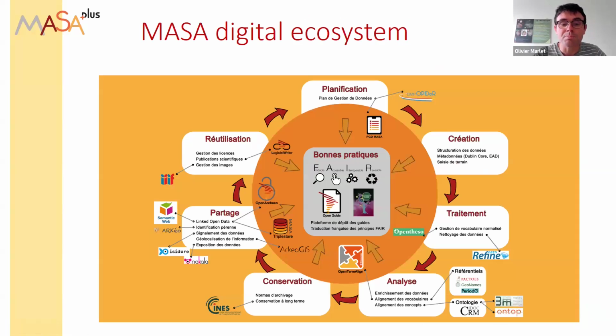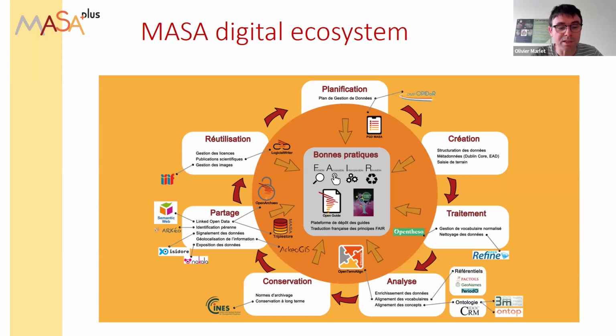The Huma-Num consortium MASAplus has been running for 12 years, and its mission is to support archaeologists in digital best practices. As part of an open science policy and in line with FAIR principles, the mission focuses more specifically on enhancing and enriching data so that it can be shared and exploited on the semantic web.